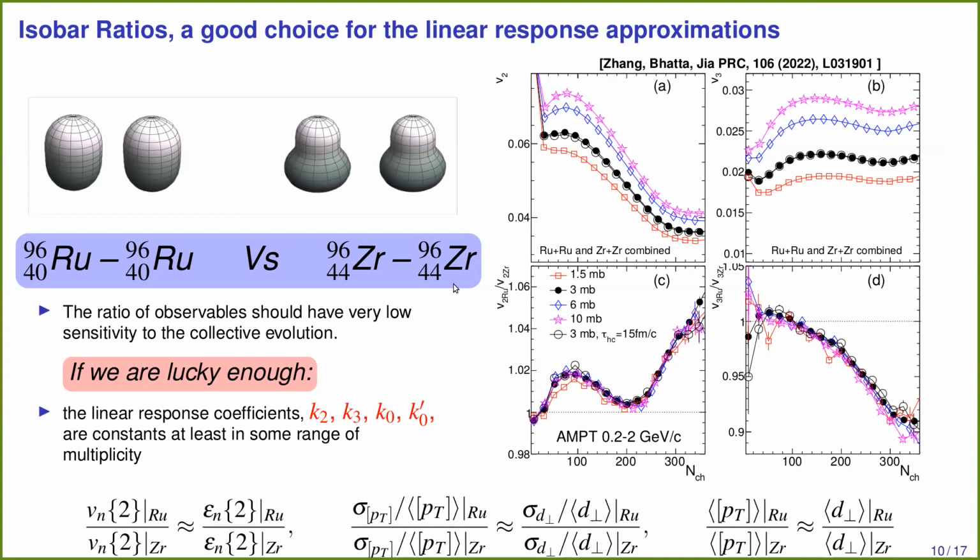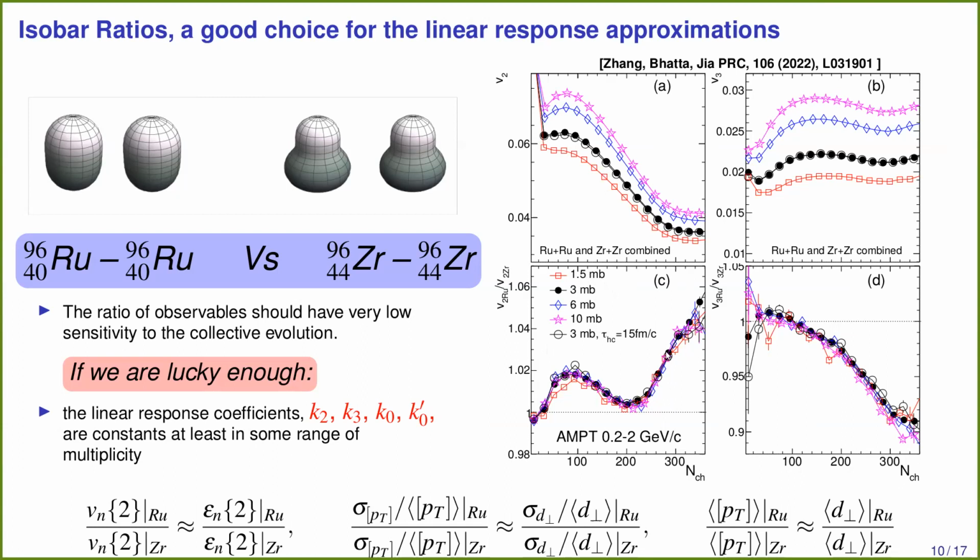And of course, the isobar ratios are good because, if there is some sensitivity to the collective part, this sensitivity should be mild, no? For instance, in this work with AMPT, you can see these numbers can somehow be translated into the shear viscosity of the system. So it's a kind of collective model.